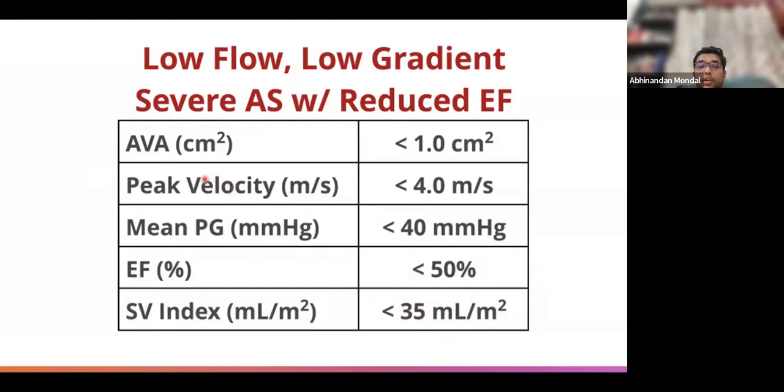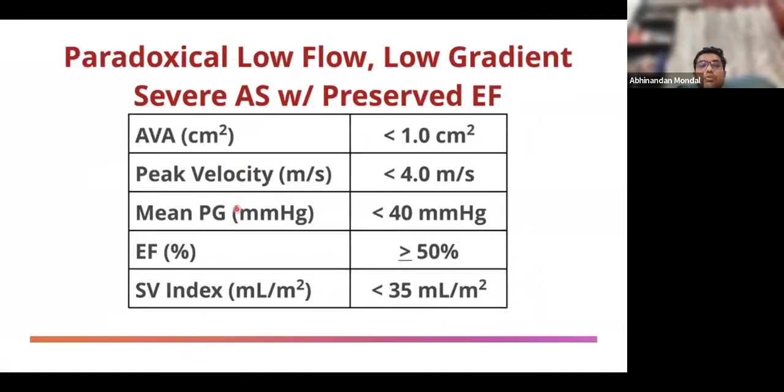So always remember, velocity and pressure gradient are flow dependent parameters. They depend on your flow. Whereas in paradoxical low flow, low gradient severe AS with preserved EF, the EF is more than 50%, but stroke volume index is less than 35.